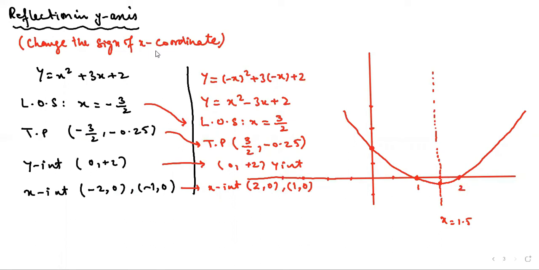Now see, when we make the black one, the line of symmetry is x is equal to 1 minus 1.5. This one is the turning point. These are the x-intercepts.